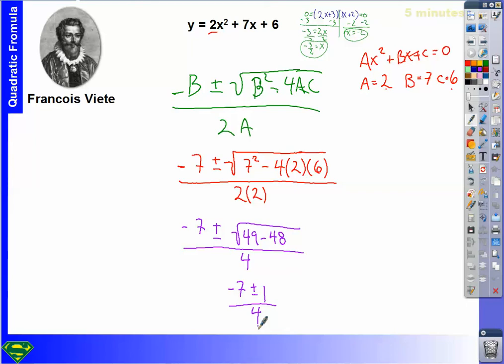And if it rains, it rains Skittles. Yay! So we have the positive world. And in positive world, we have negative 7 plus 1. So I'm only using this plus. And that's still over 4.